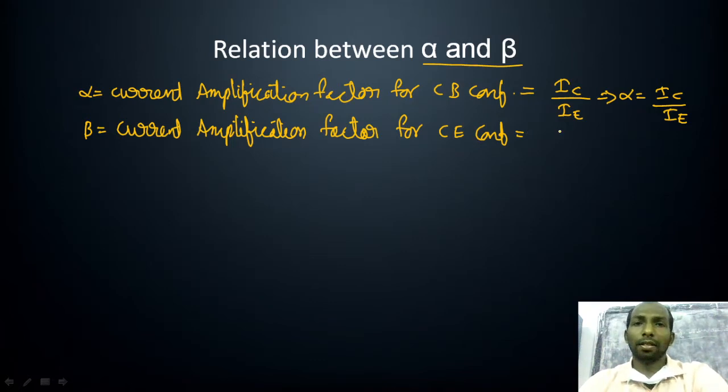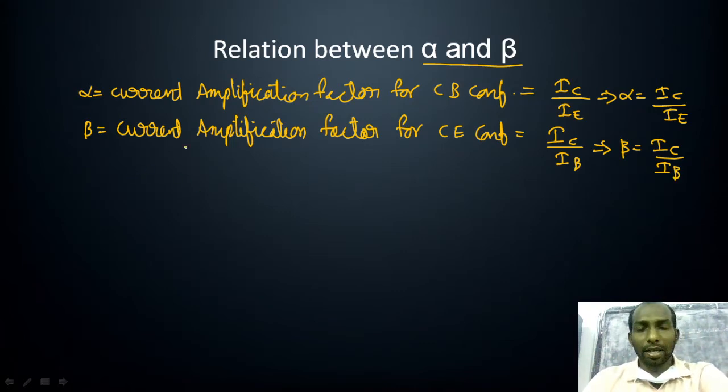So here the output current is IC and the input current is IB. So beta is equal to IC by IB, and we also know that for a transistor to be in the active state, IE equals IB plus IC.